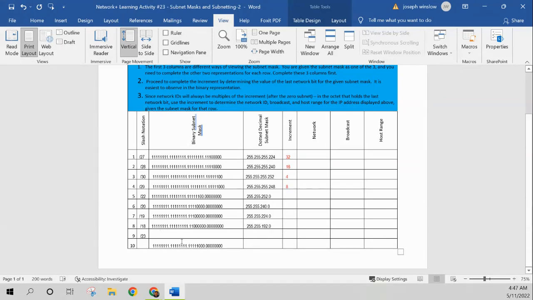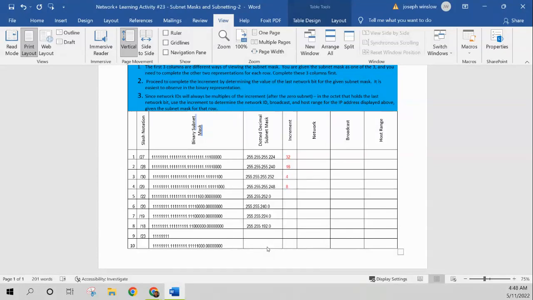So the last two of them are not that hard, but we do know for a fact that this is 23. Now you've got to think the number for Class C slash notation is 24, which means that we have used all of these to borrow.